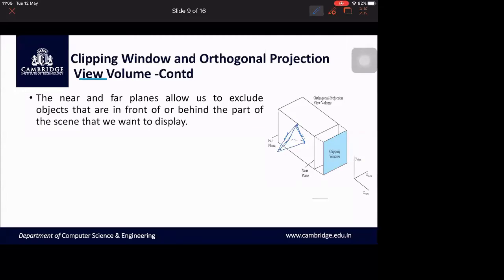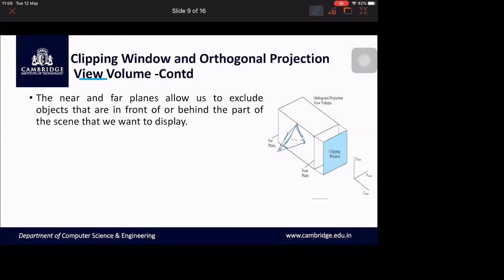If it were only 2D, I would have retained only the clipping window, which is two-dimensional. But as 3D objects have a z value, I have to keep the z details in my view volume, because I need to clip my objects with respect to the x direction, with respect to the y direction, as well as with respect to the z direction.